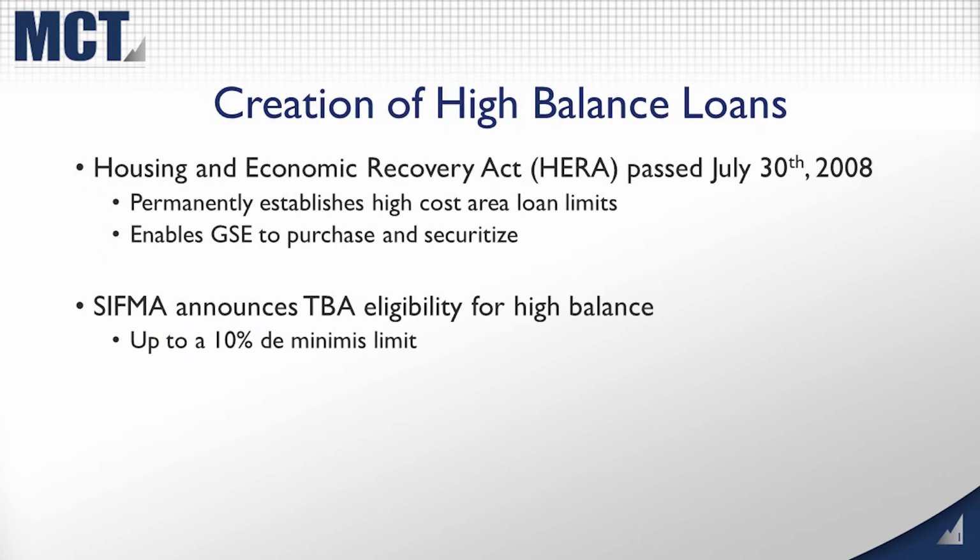The genesis of the need for the current construct of agency optimization dates back to July 2008 when the Housing and Economic Recovery Act was passed, which permanently established high balance loan limits for the GSEs. 2 weeks later, the Securities Industry and Financial Markets Association, or SIFMA, announced that high balance loans would be eligible for TBA trades, but that they would be limited to up to 10% of the total balance of a TBA pool.